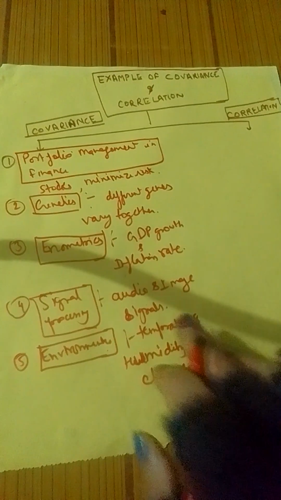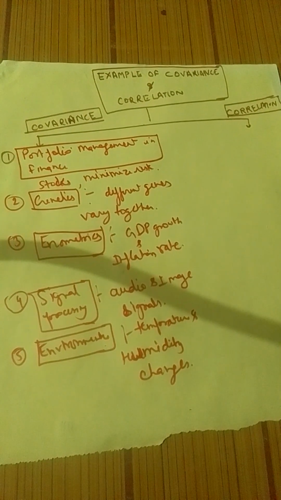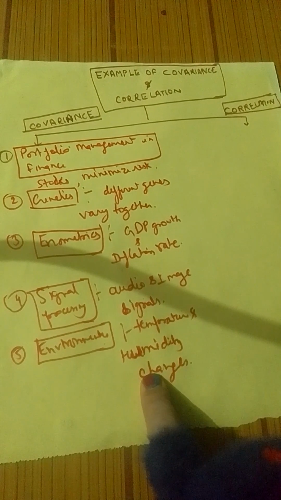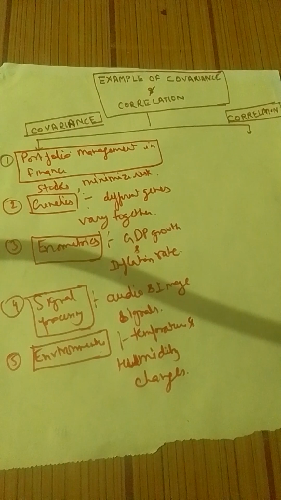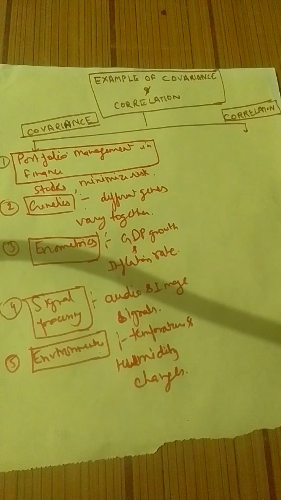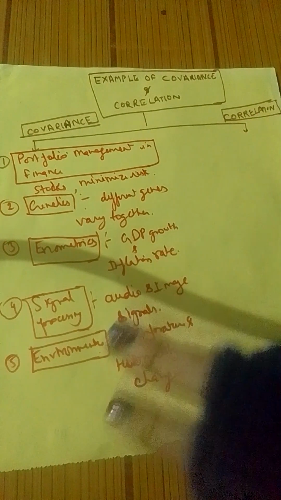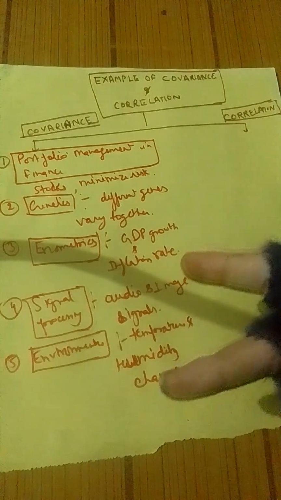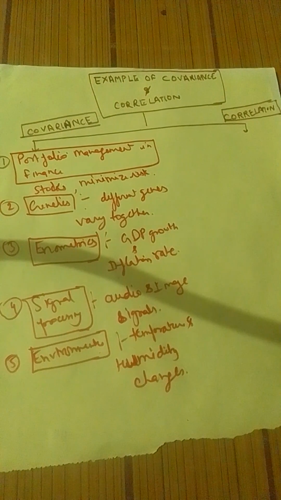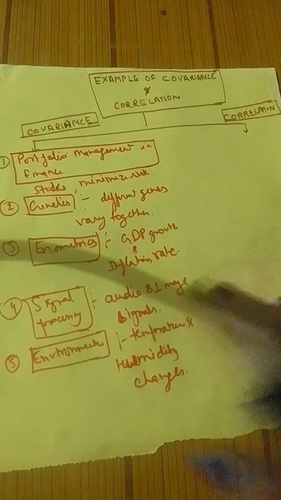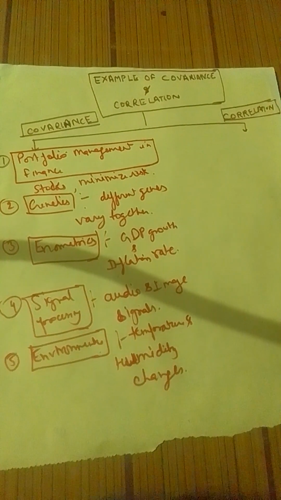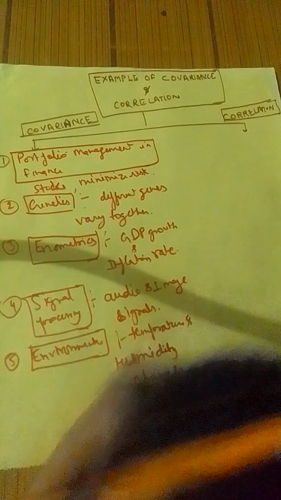Look, temperature is one variable, humidity change is another variable. And covariance, as I told you in my previous video, tells how much two different variables vary together. If temperature is high, humidity will change. So this is where the covariance model is used by data scientists and artificial intelligence people.